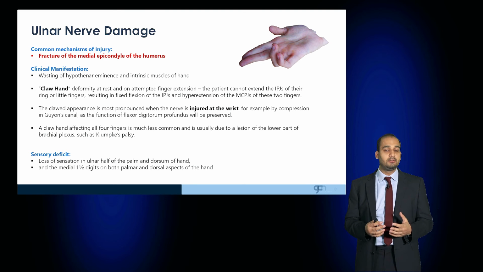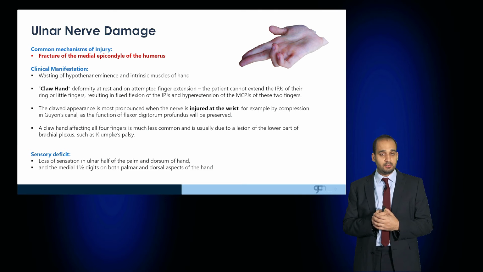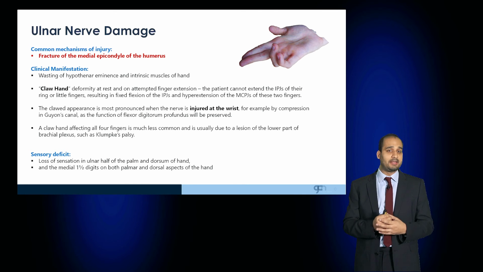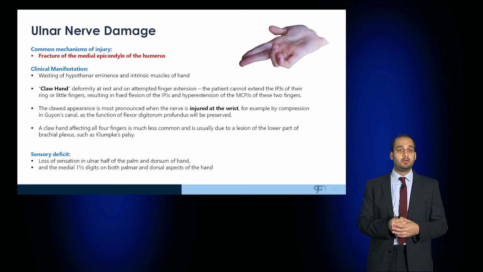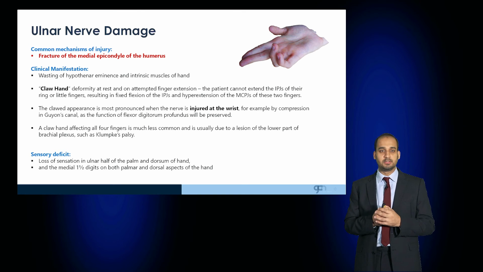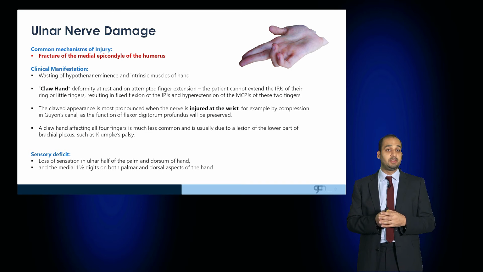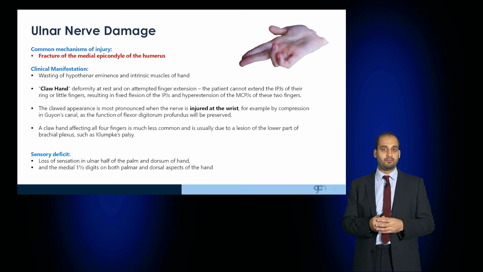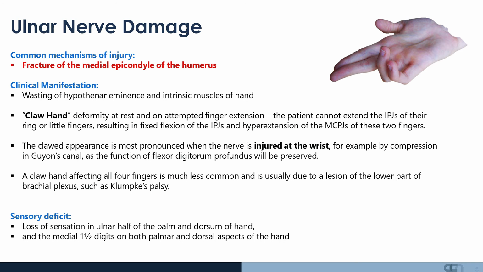Ulnar nerve damage can occur if you have a fracture of the medial epicondyle of the humerus as the ulnar nerve passes over this structure. The clinical manifestations of ulnar nerve damage would result in wasting of the hypothenar eminence and the intrinsic muscles of the hands. The patient may have a claw hand deformity at rest and on attempted finger extension.